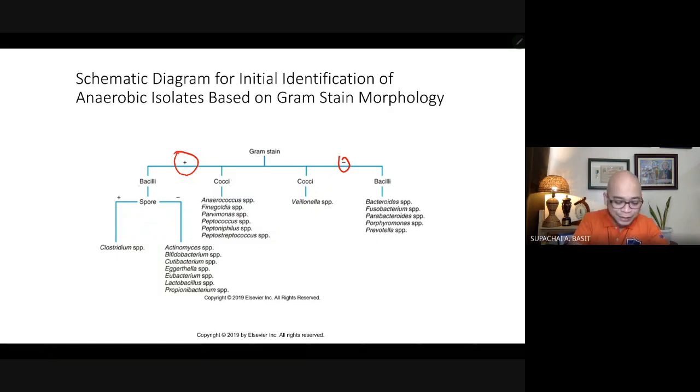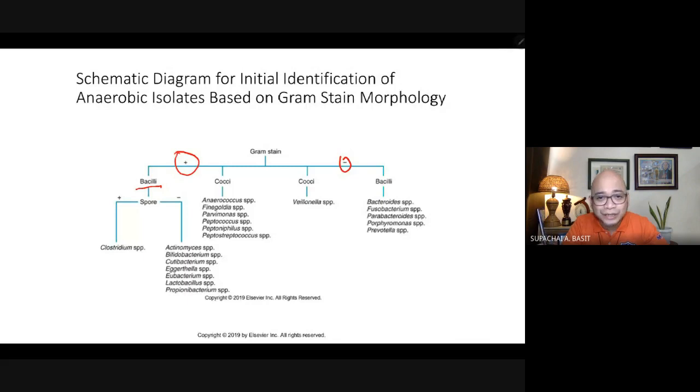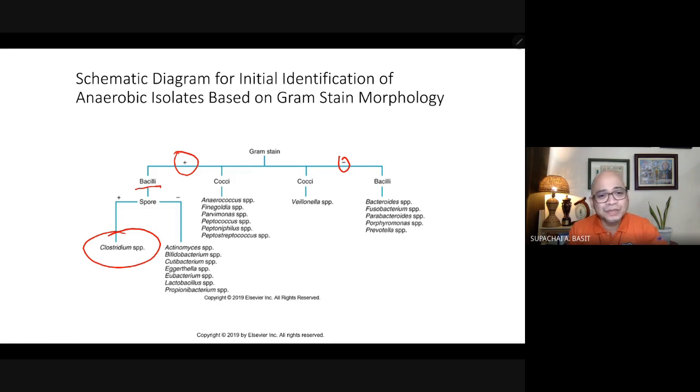If they are bacilli, we further categorize them whether they have spores or are non-spore formers. Incidentally, one of the most medically important anaerobic bacteria are the gram-positive spore formers, the different species of Clostridium.